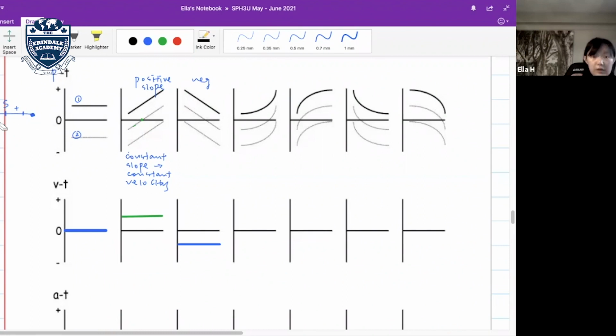So I still walk with a constant velocity, but the thing is I'm walking towards left, so the direction is left. So the direction or the numerical value is negative. So negative doesn't mean you walk slower. It just means the direction, okay, it's negative.